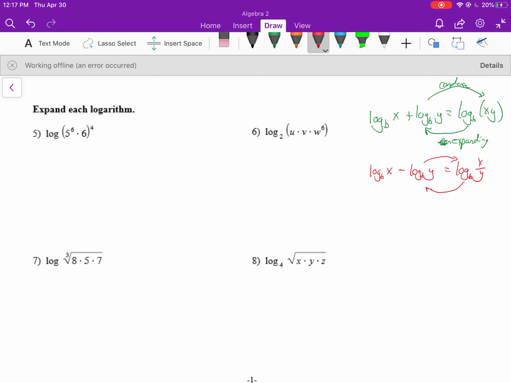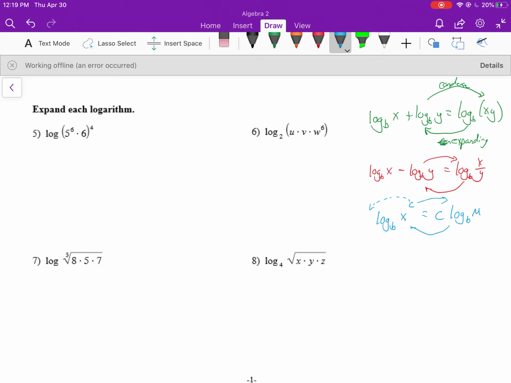And the last one, we know that if we have log base b of x to some power, that's going to be the same as bringing that power out front. So this comes out here. And so once again, this is expanding, and this one isn't as obvious because it doesn't look like expanding or condensing, and then this way would be condensing.